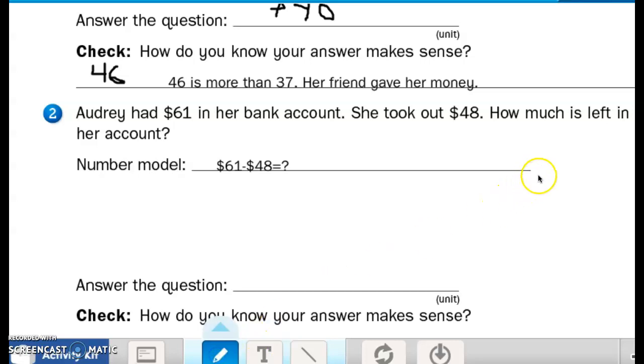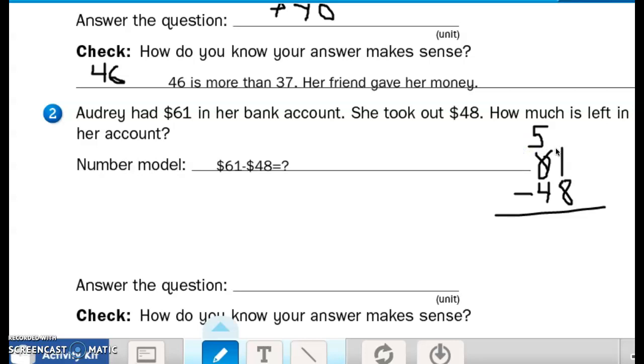Here I go. We're going to go 61 minus 48. It's very hard to draw on this, just to let you know, with a cursor. And again, we cannot take 8 away from 1. So we're going to have to go to this neighbor and borrow. And that's going to become a 5.